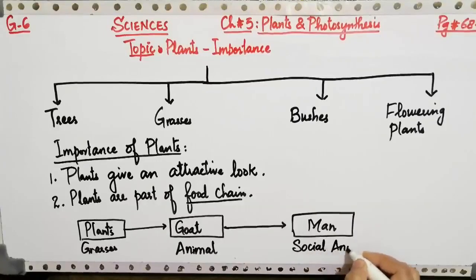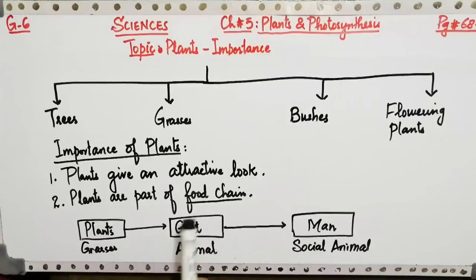They are not animals, they are social animals. So in this way a chain is formed starting from the plant up to man. So this sequence is called food chain. Why is it called a food chain? Because plants are the first part of this food chain, and without plants we would die.